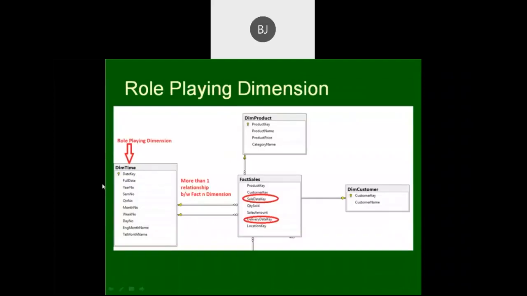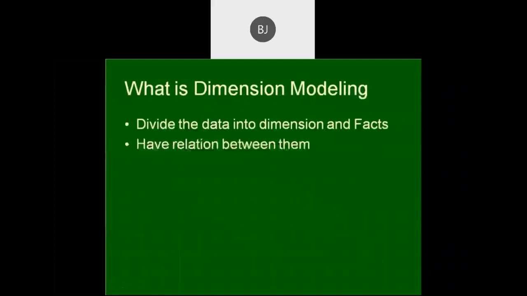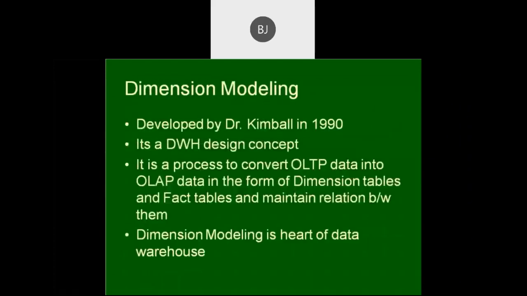Let me show you the kind of things we are going to be maintaining. This is a dimension table. You have a fact table. All the primary keys and everything are going to be linked. We are going to discuss all these things in tomorrow's class. So a data warehouse contains two pieces of information.